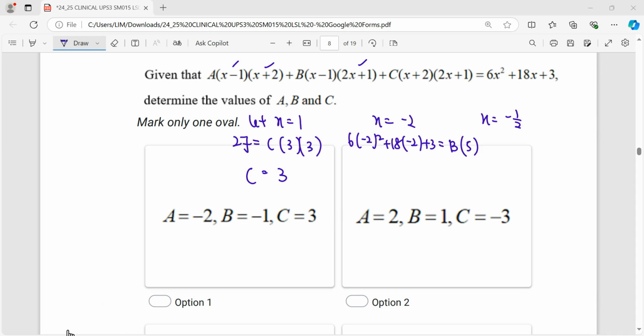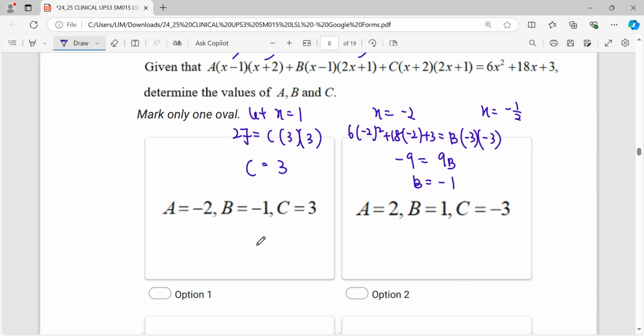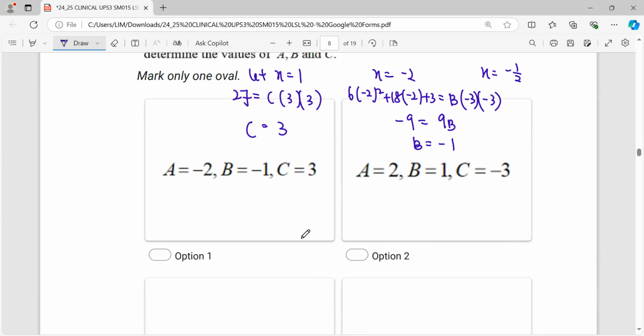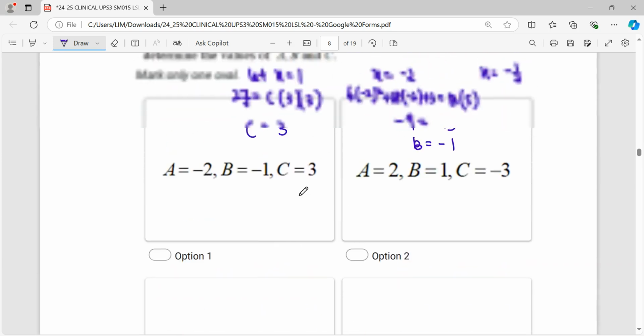So for the left hand side we have negative 9, and then this b is substituted here, negative 2, negative 3 times b. So b is negative 1. So they have similar negative 1. To determine which is the final answer, we need to find out our a.